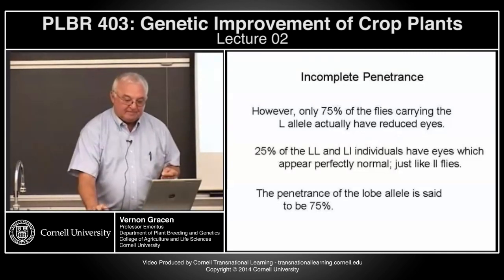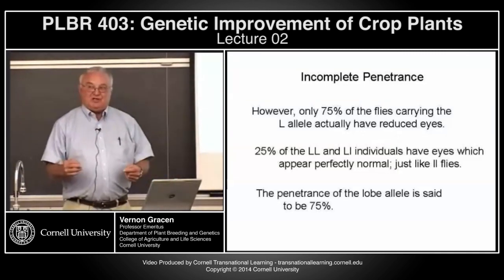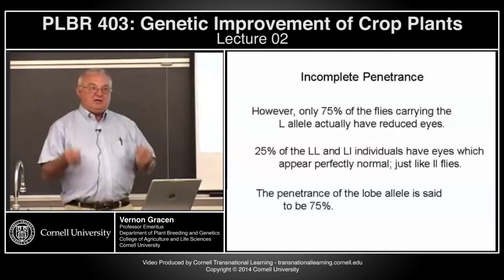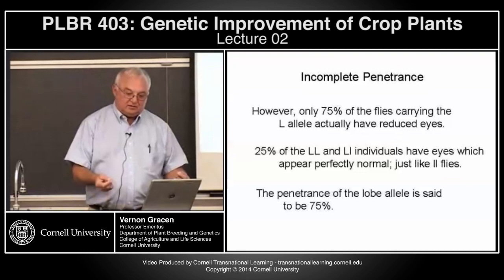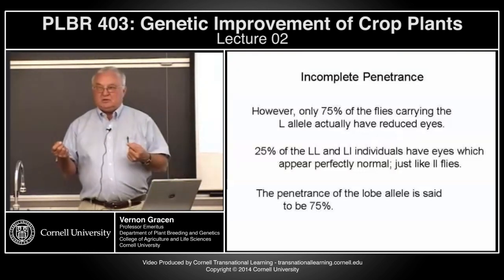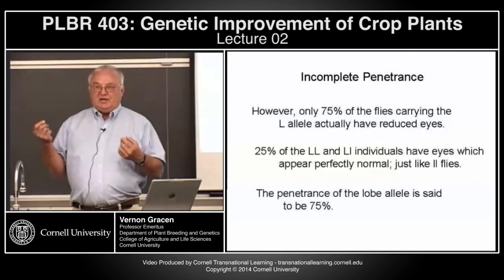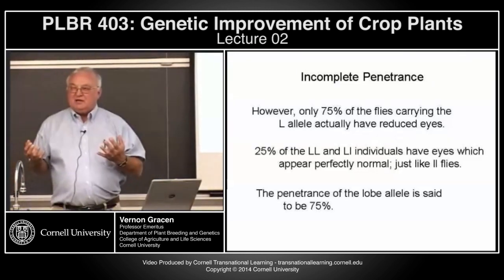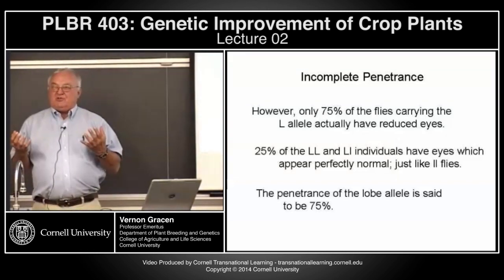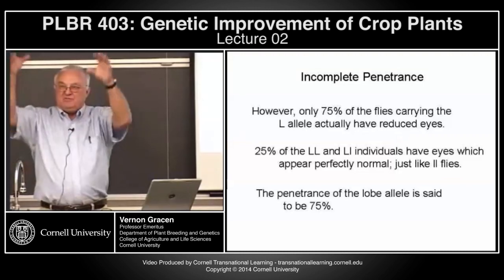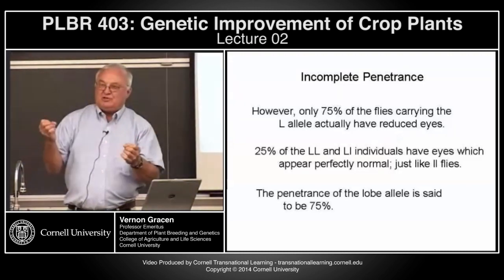So 25% of the flies with the single dominant allele have eyes that appear normal. So this is a case where I can't quite fathom any environmental effect. I mean, these are fruit flies raised in little bottles in environmentally controlled laboratories.